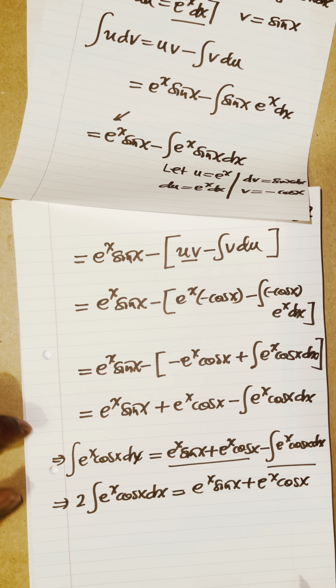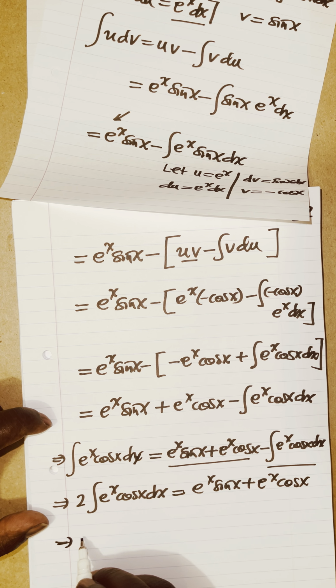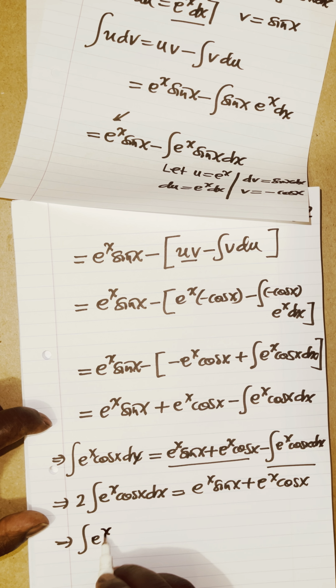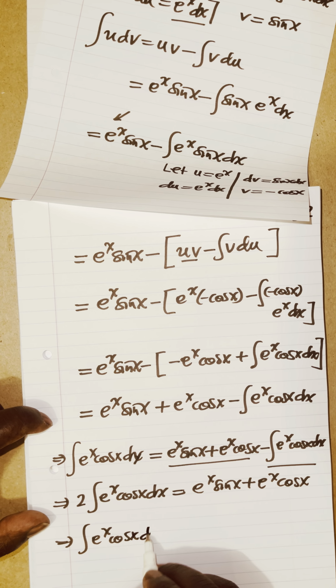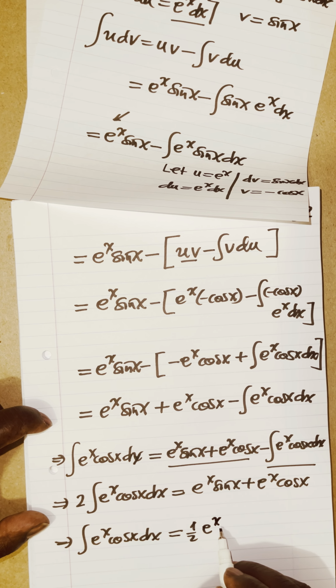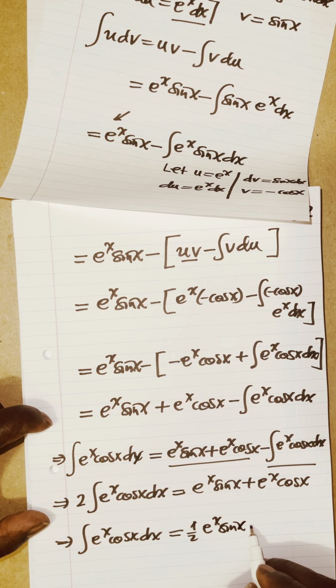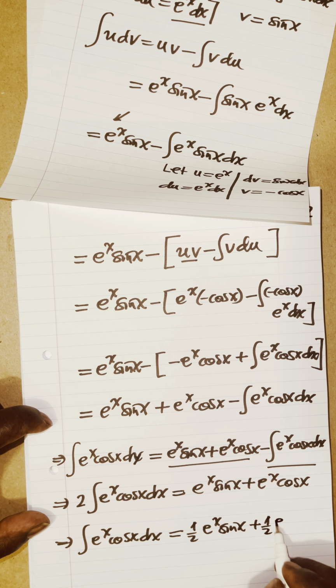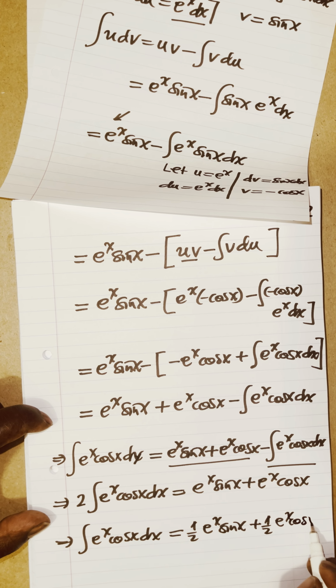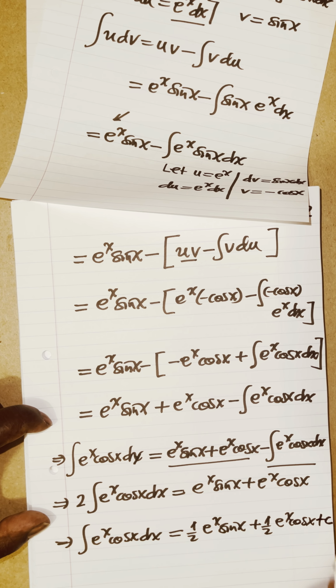Next, I must divide by 2 throughout. The integral of e to the power x cos x dx will be equal to half of e to the power x sine x plus half of e to the power x cos x, plus the constant of integration.